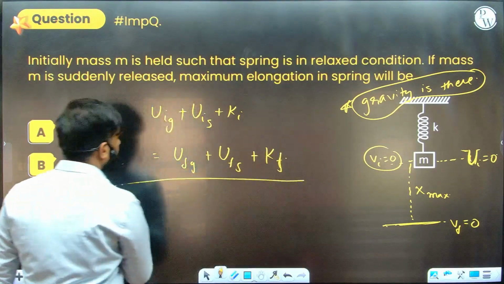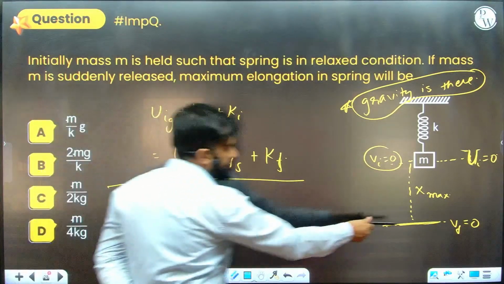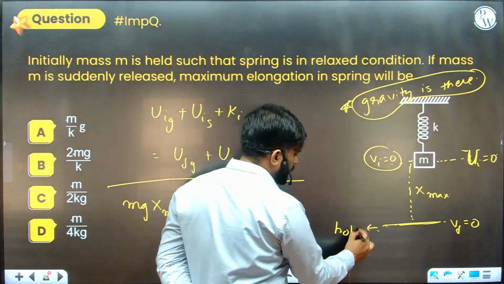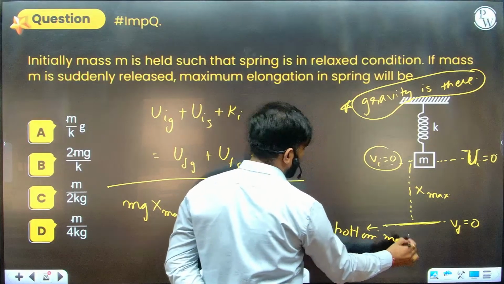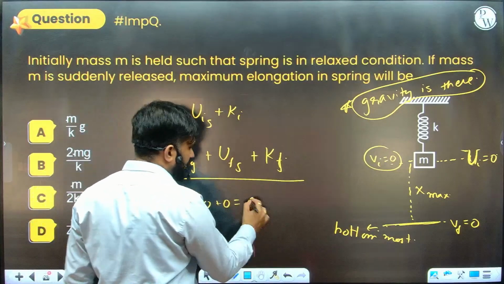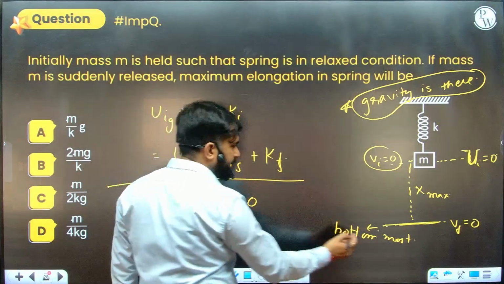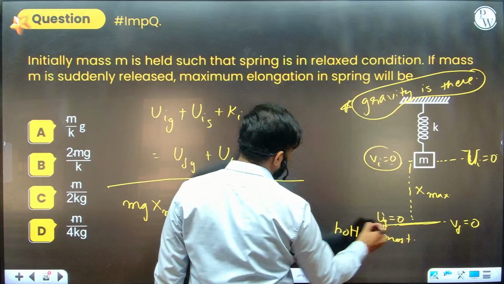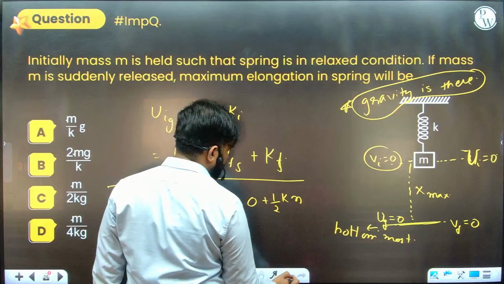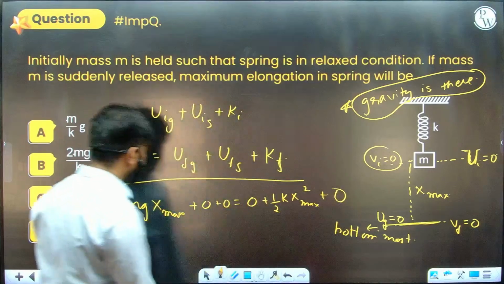U initial due to gravity will be m g x because it was x height above the final position. Let's say it's the bottommost position, so above this, plus 0 is equal to the final. At the bottommost position, the gravitational potential is 0. I can always take any reference, so gravitational potential I took here as 0. Finally, spring potential is half k x maximum square, and final kinetic is definitely 0.